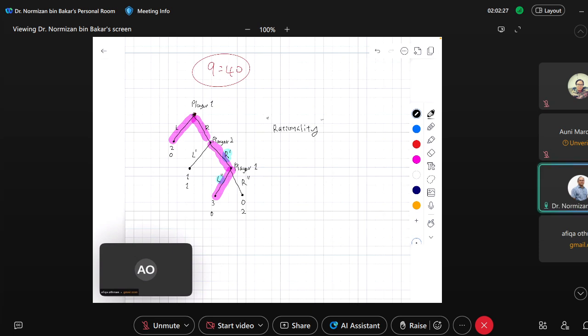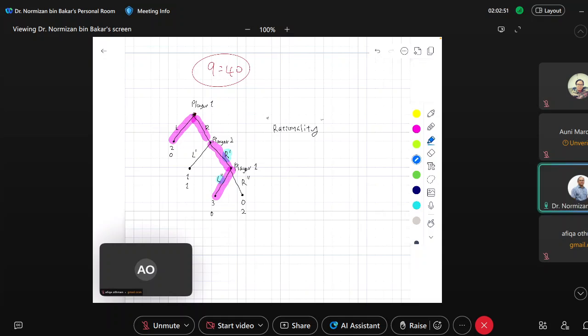So if player one is rational, what is his choice? You know that his choice would be to choose L. Why?